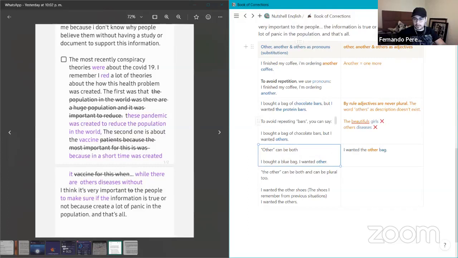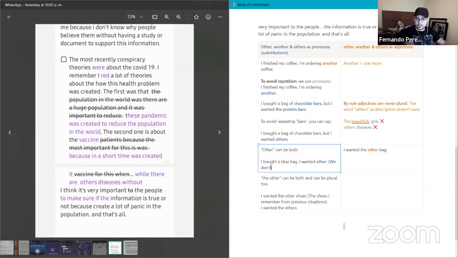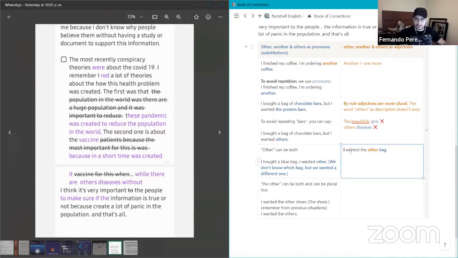In this case, we don't know which bag, but we wanted a different one. Other is similar to different.